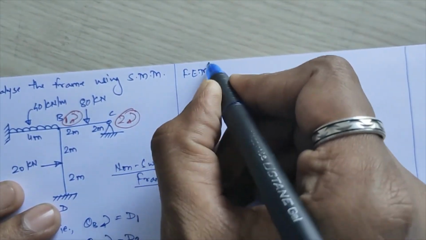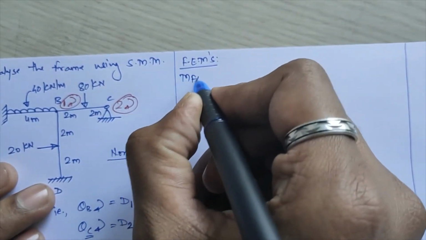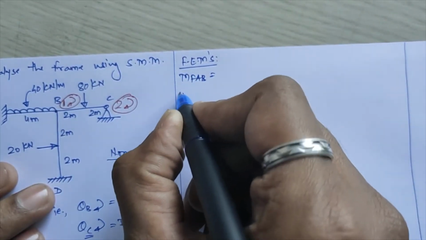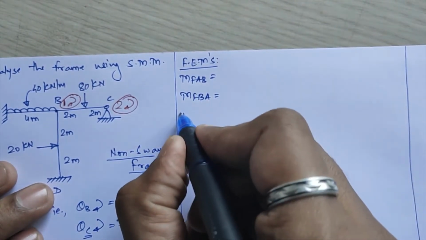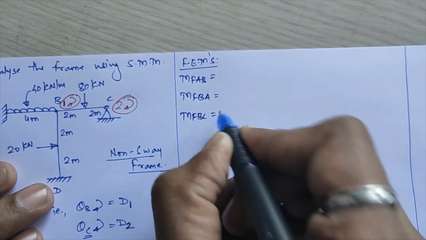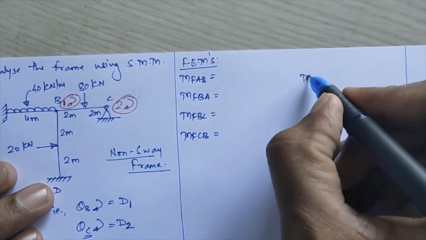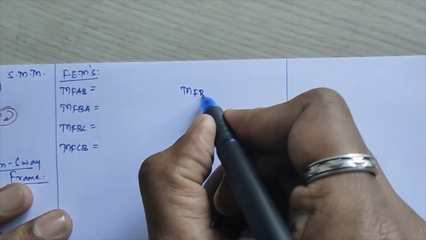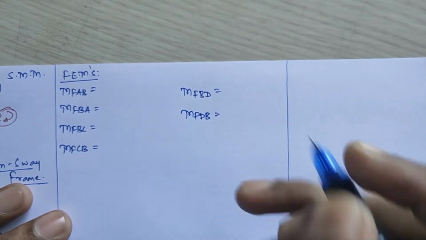So fixed end moments here, right? So fixed end moment will be having MFAB, next MFBA, right? Next is your MFBC, MFCB, okay? Next is your MFBD, and last will be your MFDB here, right?